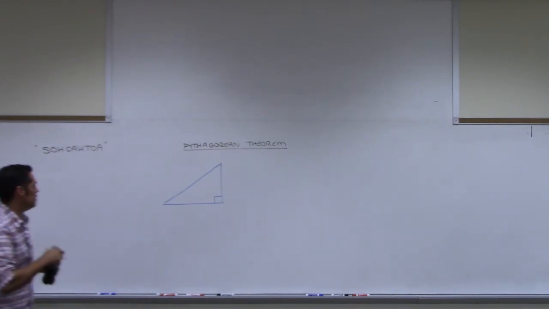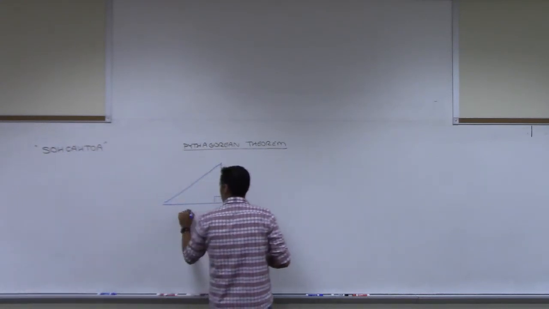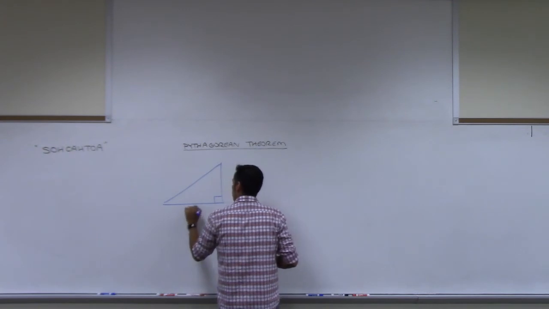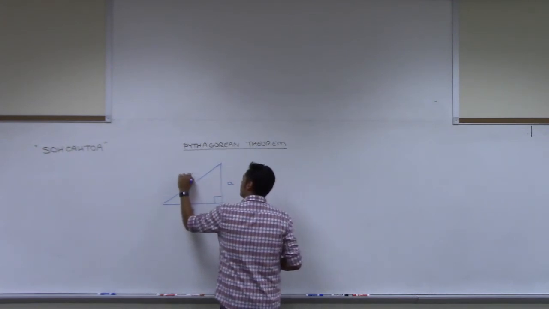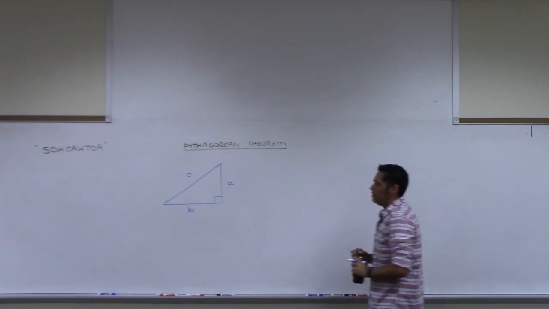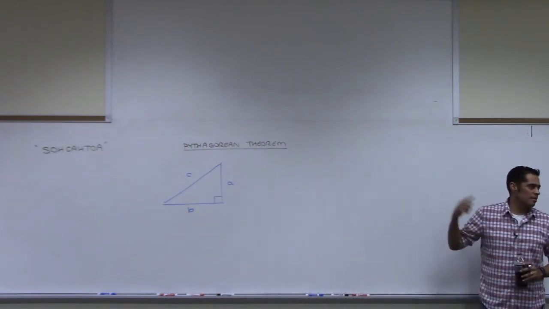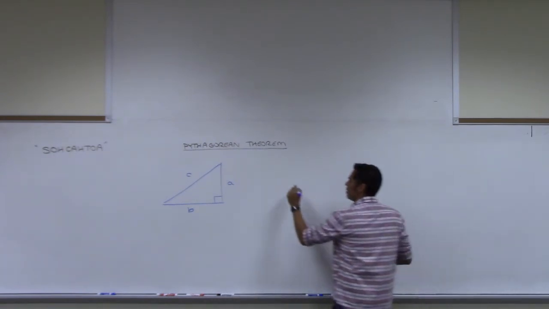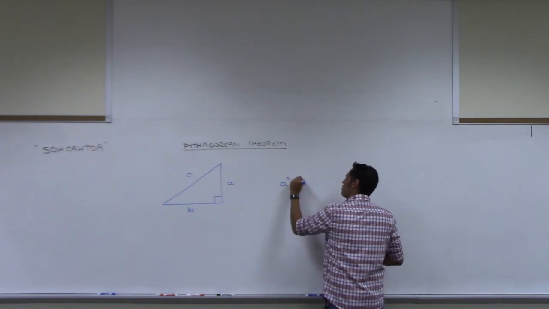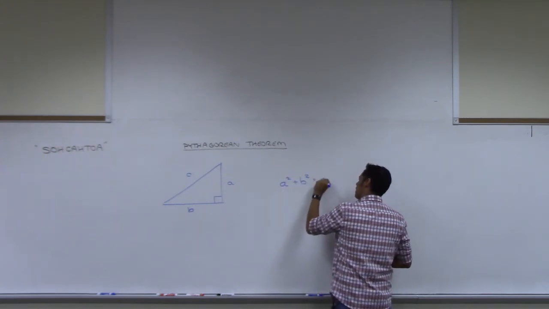So the Pythagorean theorem tells us that if this side is little b, this side's little a, and this side's little c, there's a relationship between those sides. And the relationship is a squared plus b squared equals c squared.